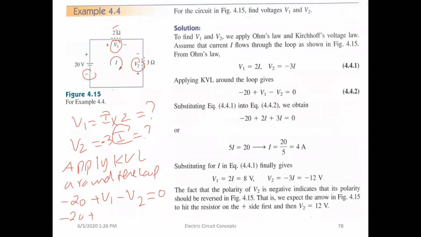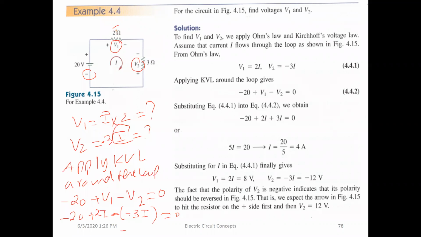So minus 20 plus V1, and V1 is equal to 2I. Then we have a minus, and we open parentheses and plug in V2. V2 is equal to minus 3I, and that is equal to 0. So this will be 5I, because minus times minus is a plus, 3 plus 2 is 5.